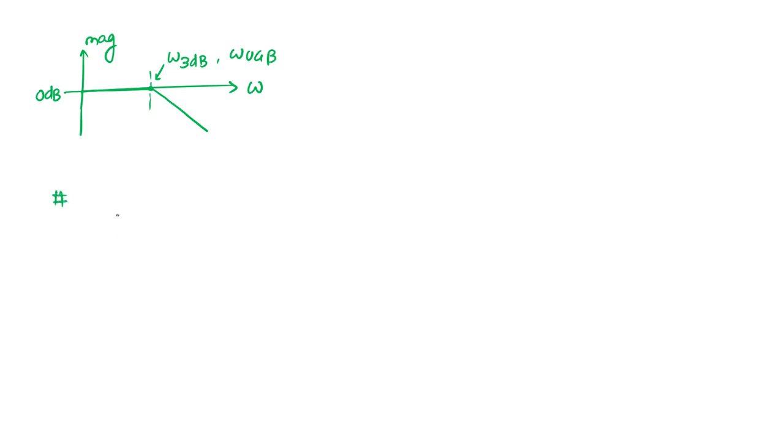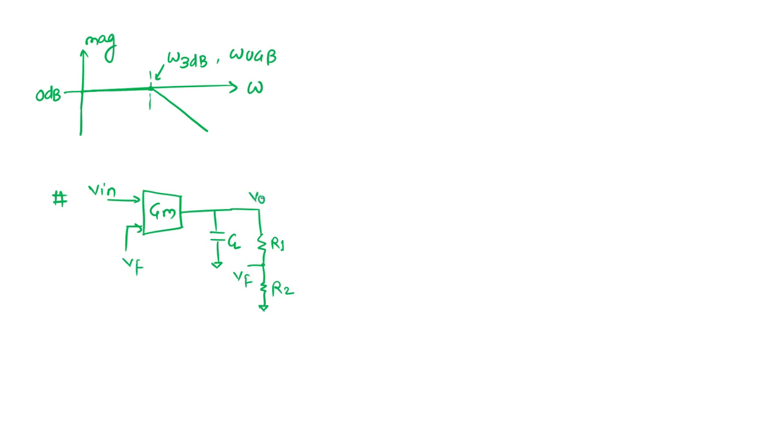Now take the non-unity feedback system. With the non-unity feedback system, again we will calculate it and we'll directly see some intuition also. So this is V in. There is a CL and after that R1, R2, and VF is going here.